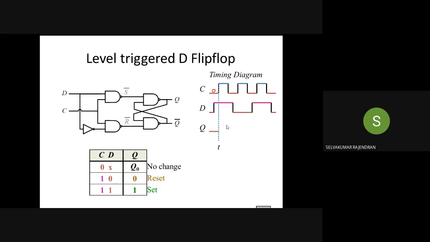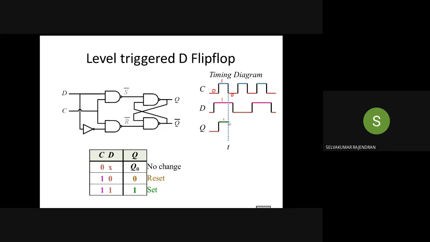Now the clock changes to logic 1, that is, clock is enabled or control signal is enabled. So the output Q goes to logic high because the data D is logic high. Then the clock is disabled, here 0, so Q maintains the previous state value, that is logic 1.